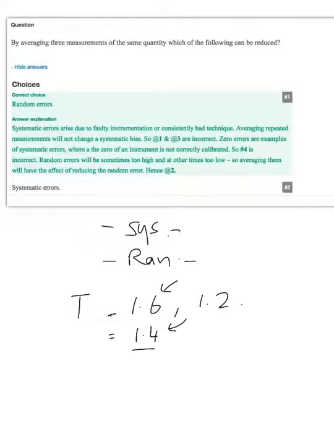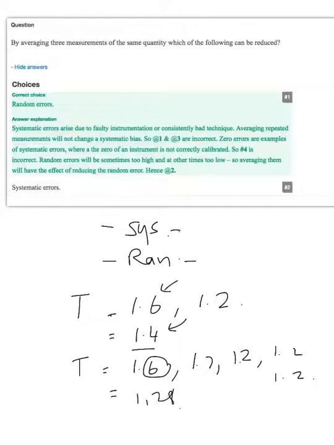Let's see what happens if you take that reading again. Let's say you do it 5 times and you get 1.6, 1.2, 1.2, 1.2, 1.2. By working out the average now, you can see that the effect of 1.6 is going to be much lower. Your actual answer would be 1.28.